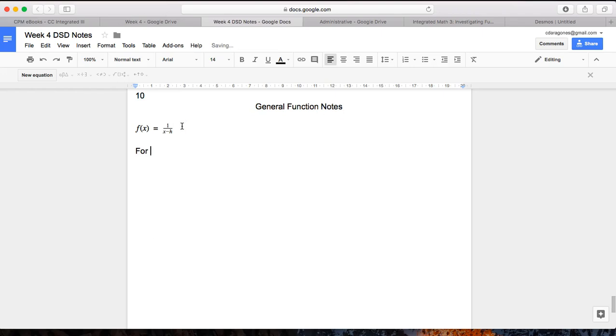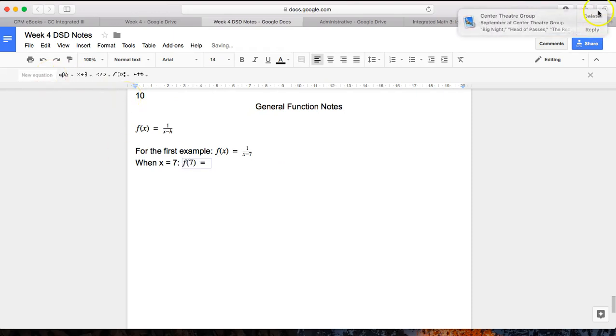So for the first example, we have f of x equals 1 over x minus 7. When x was equal to 7, this is what happened. We had f of 7 equals 1 over 7 minus 7, which is equal to 1 over 0.